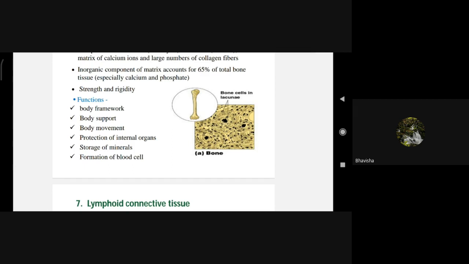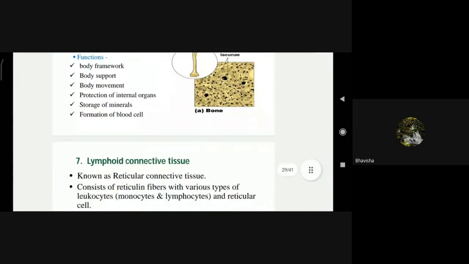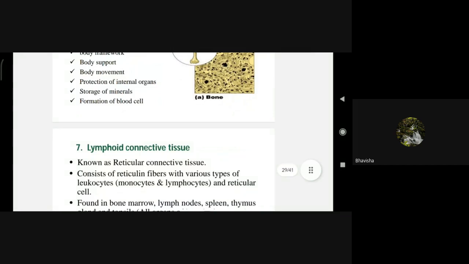Also, our sexual organs are protected by our hip bones. And now, storage of minerals. Bone tissue stores minerals like calcium and phosphate.